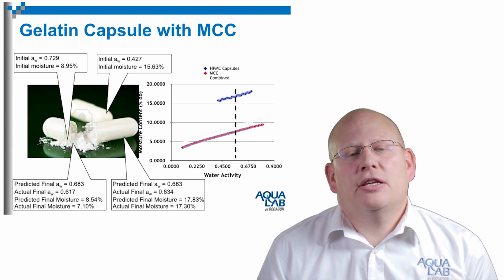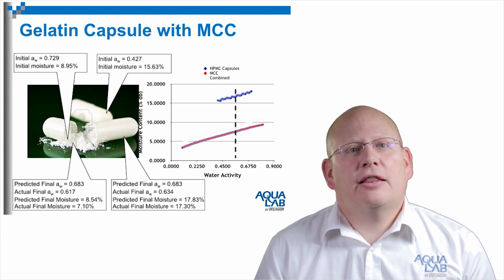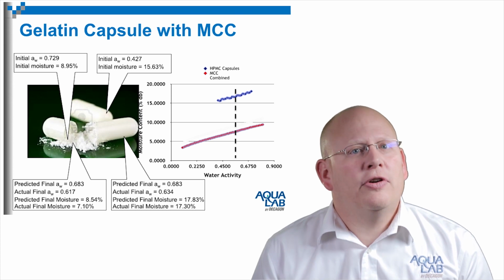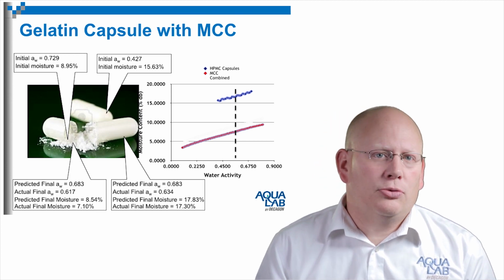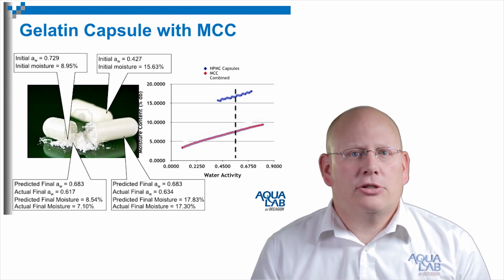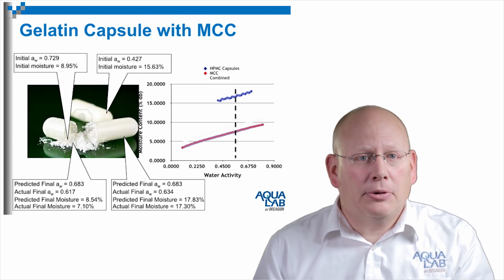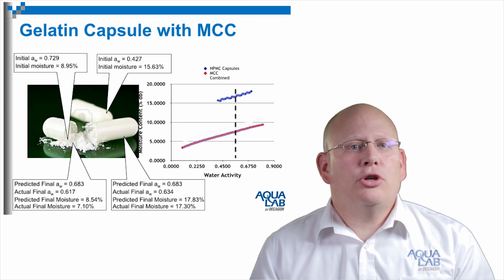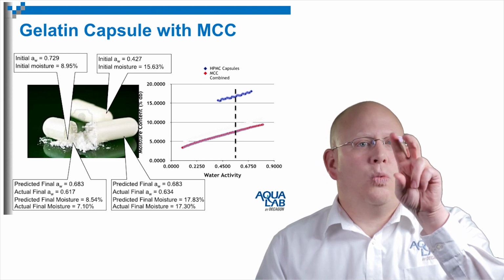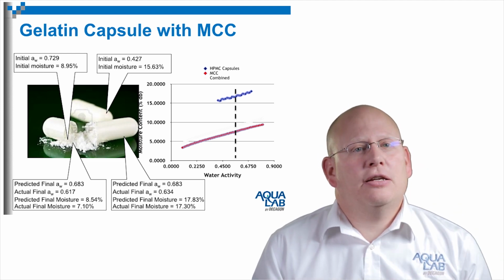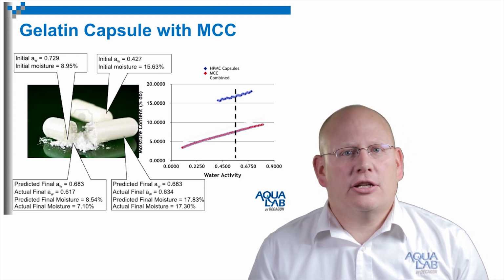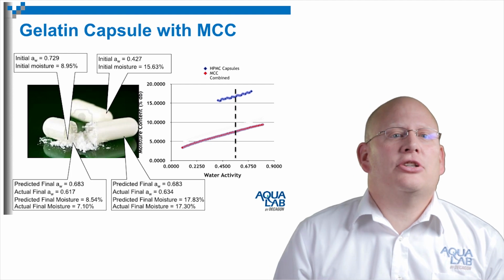Now, if you were to look at this example and intuitively thought that moisture content controlled this, the idea would be that moisture would move from the capsule into the powder based upon just looking at moisture content. That can't happen because it's at a lower water activity than the powder is. And so you would expect, if that were the case, that when they come to equilibrium, the moisture content of the capsule should have decreased if moisture content was actually controlling it. Well, let's look at what actually happened.